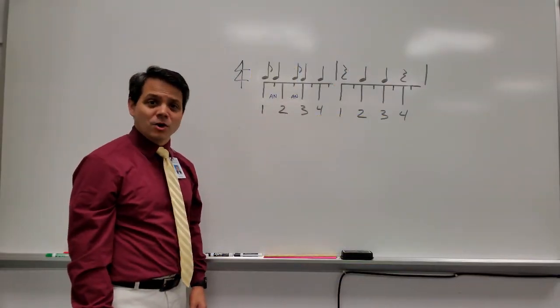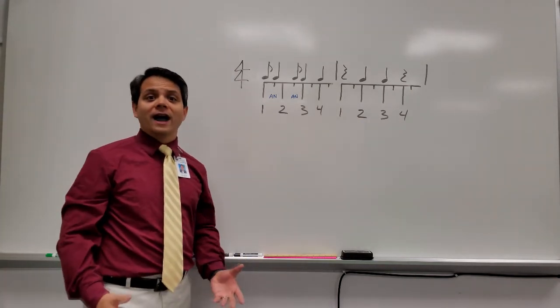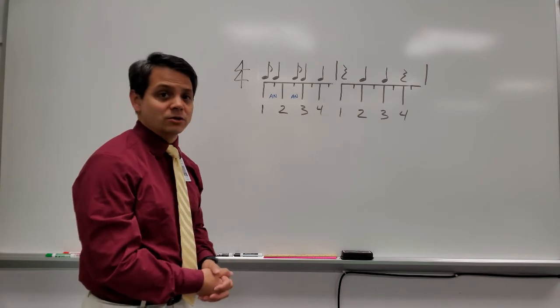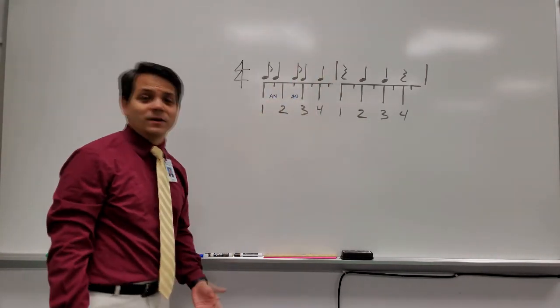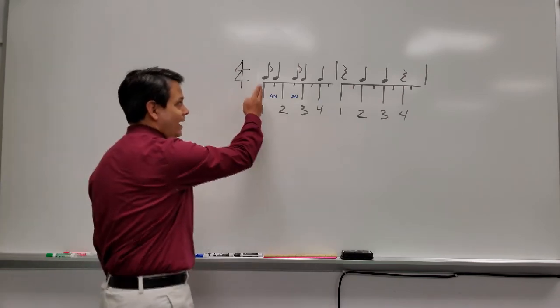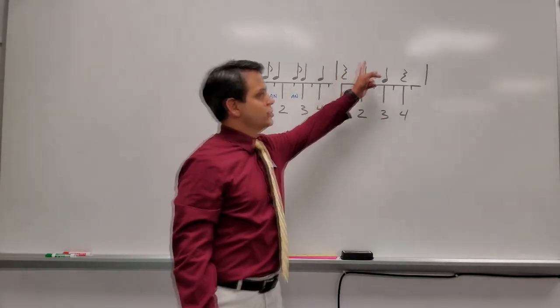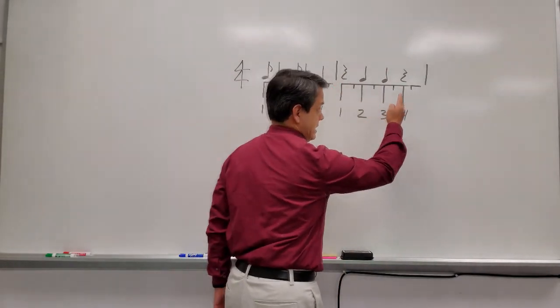Let's do a little moving with a simple 2-measure ostinato. An ostinato is a pattern, a repeated pattern that happens in music. Measure number 1, we're going to use the rhythm that we've already been using today. 1 and 3, 4. Measure number 2 is simply 2, 3.